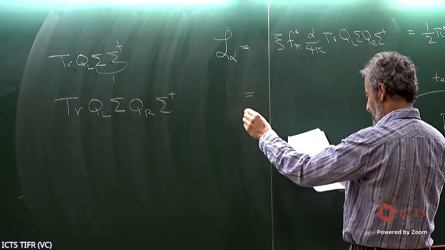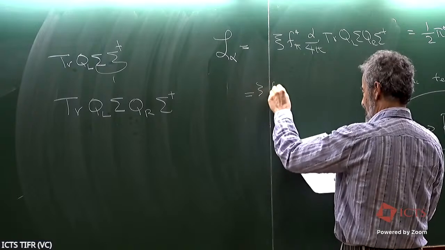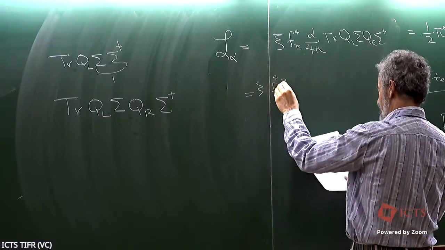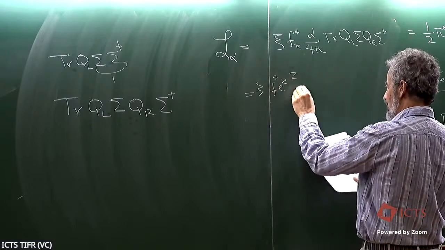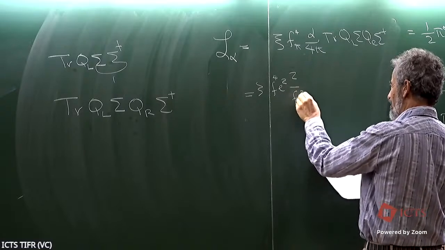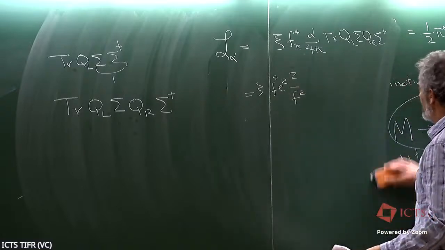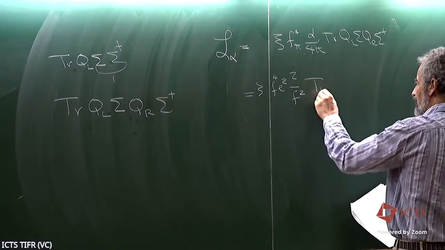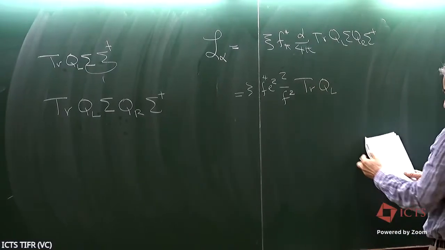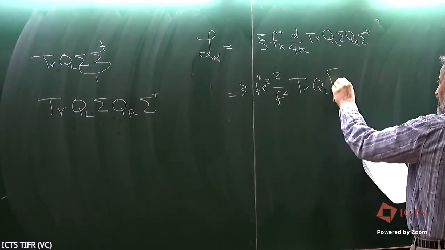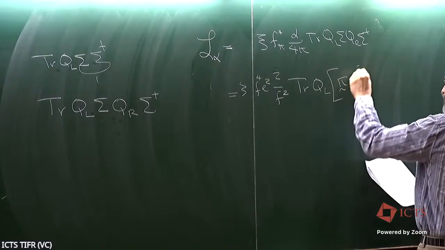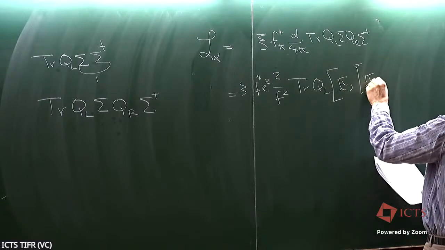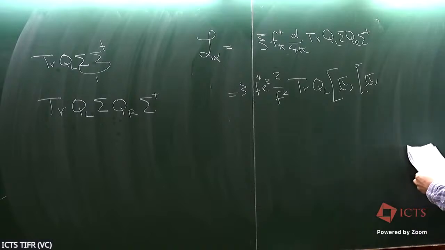And what I find is that this is C F fourth e squared times 2 over F squared times trace of Q left times the commutator of the pi matrix commuted with the commutator of the pi matrix commuted with Q right.